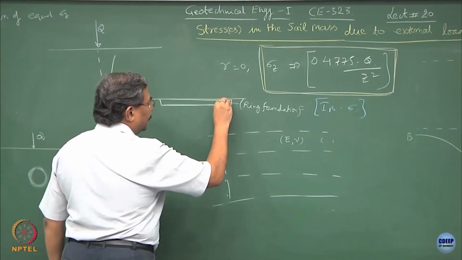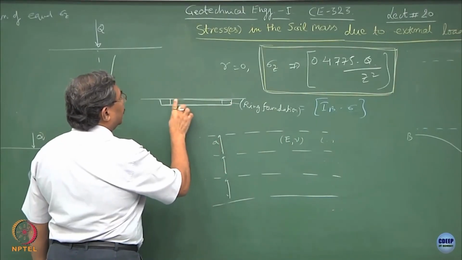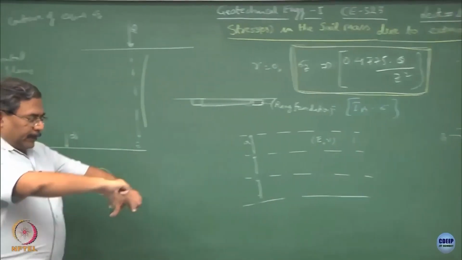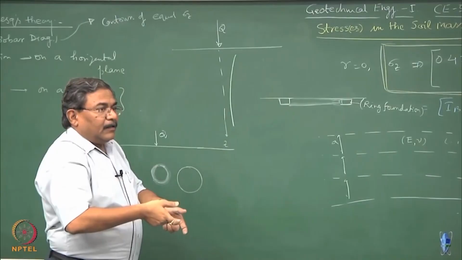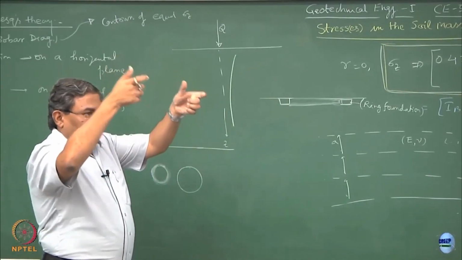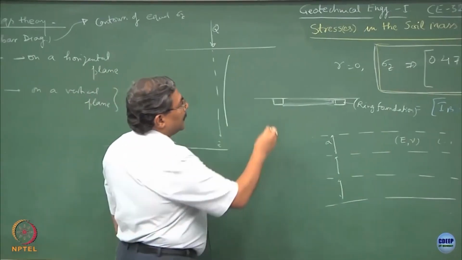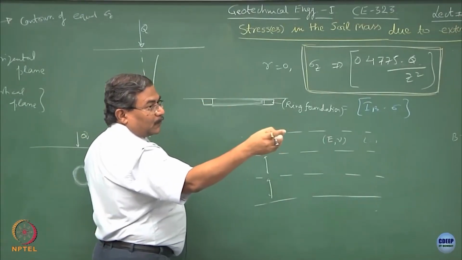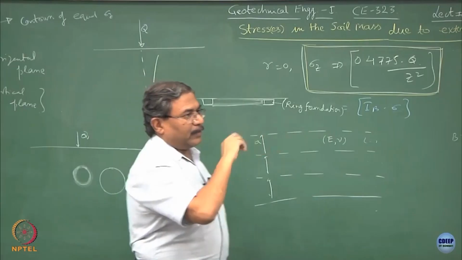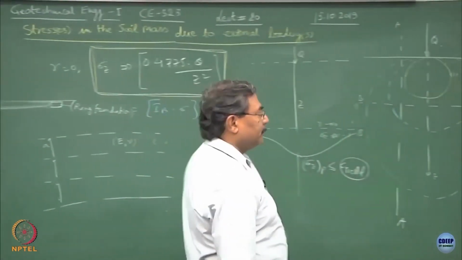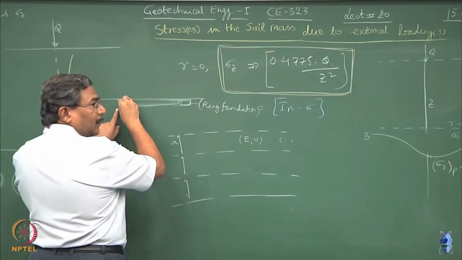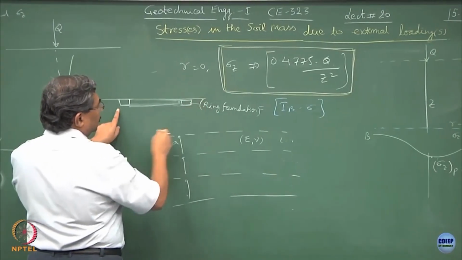What I will do is cut them into a ring. Is this okay? So, as if a ring is bearing the entire load of the tank. In this case, your sigma r theta is going to be very important, because this is going to be the hoop stress, clear. So, this design will be based on sigma r theta.